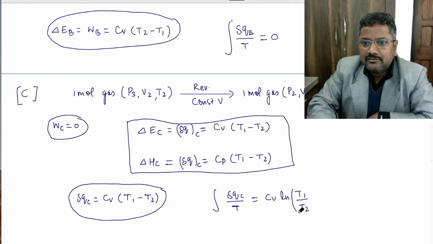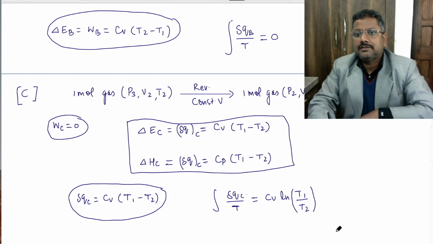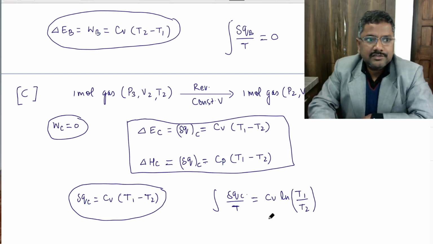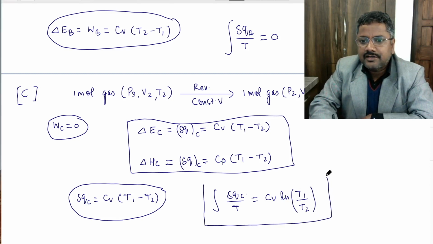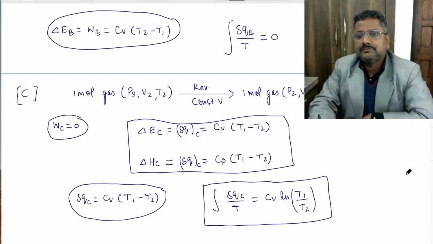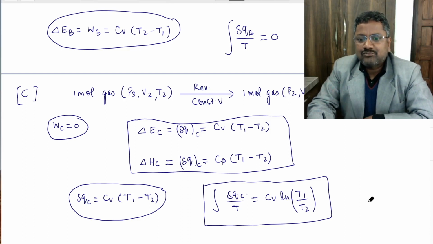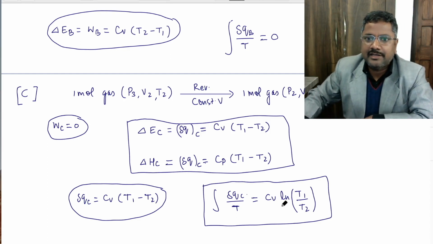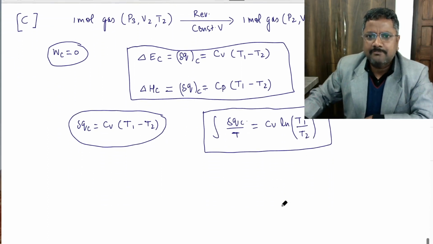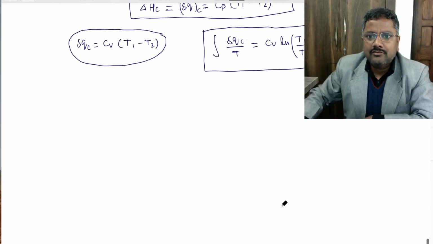So this is delta QC by T. Clear to everybody? So this delta Q by T we can evaluate by using this equation. Very simple equation.